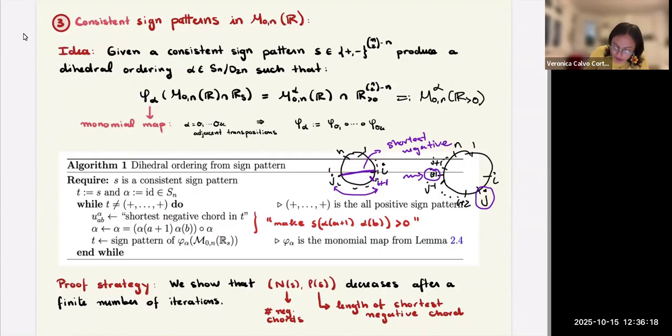And somehow the intuition behind that is we are trying to make the sign of the discord positive. I'm trying to make the discord have positive sign. So this is somehow the idea.